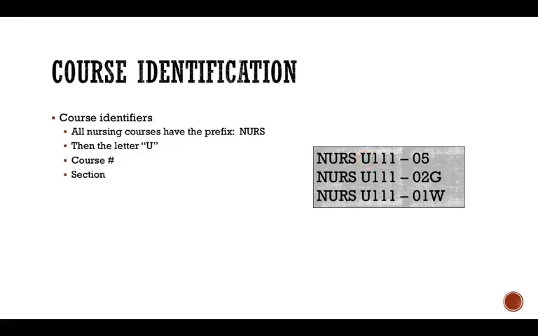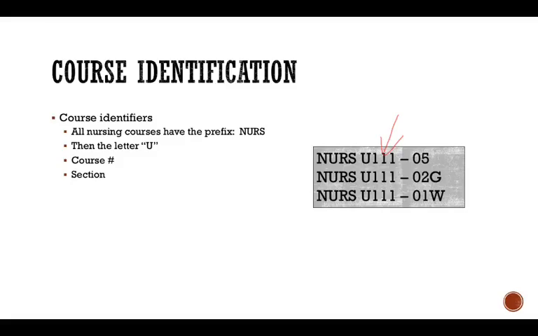Next, we have 3 numbers. The 3 numbers indicate the actual course. All junior level courses are 300 level courses, like 306, 308, 310, 320, and 325.